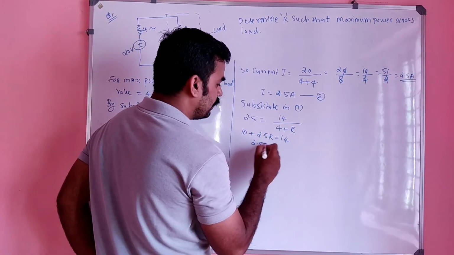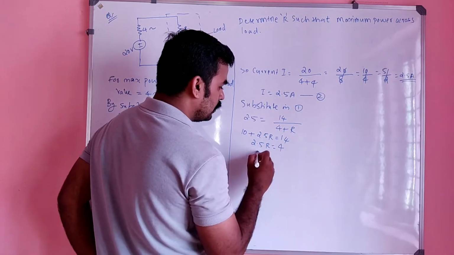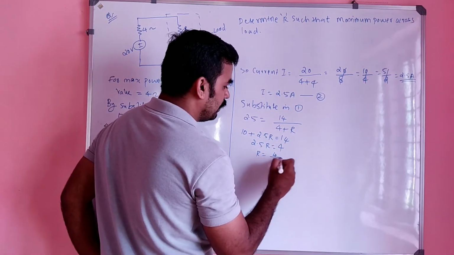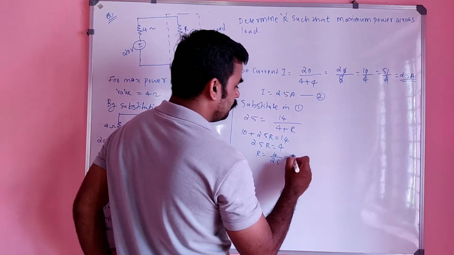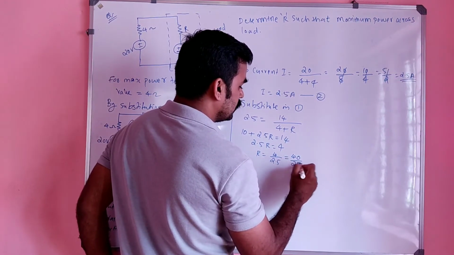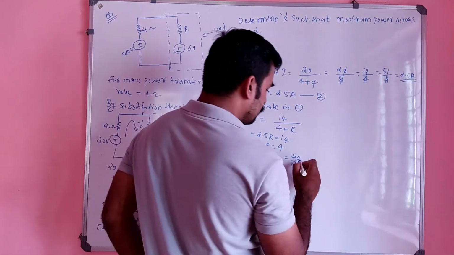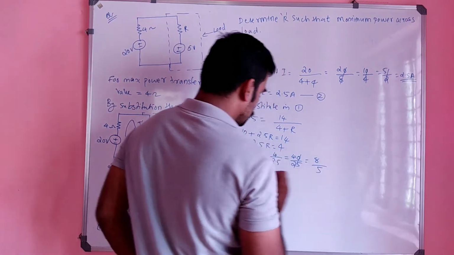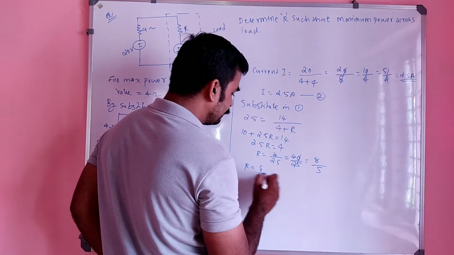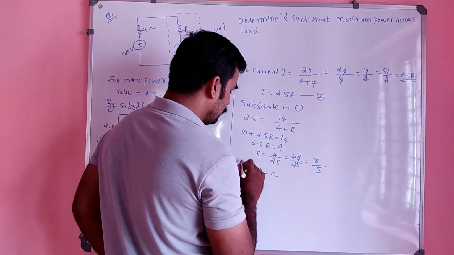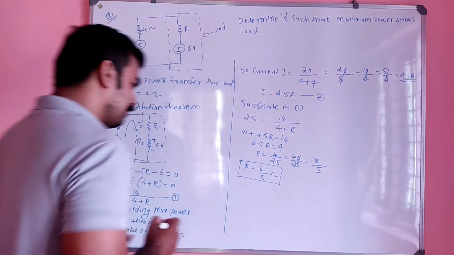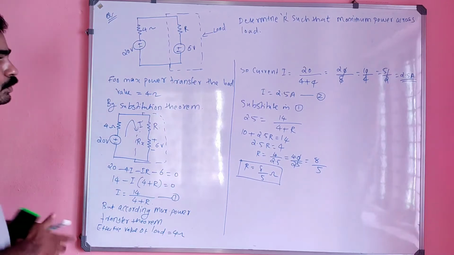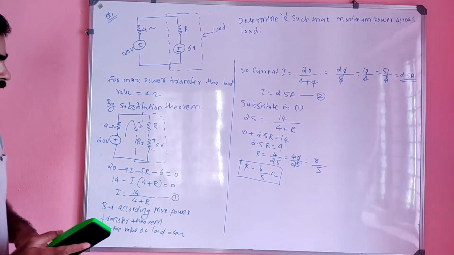So I can write 2.5 R will be equal to 4, or R will be equal to 4 divided by 2.5, or will be equal to 40 divided by 25, or in other words it will be equal to 8 by 5 ohm. So this is the final answer.